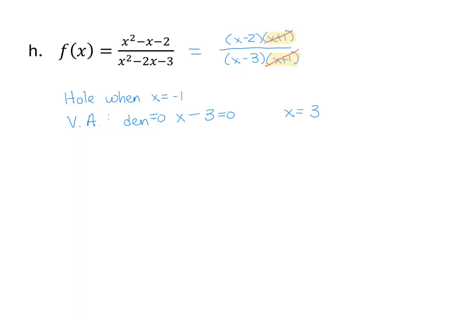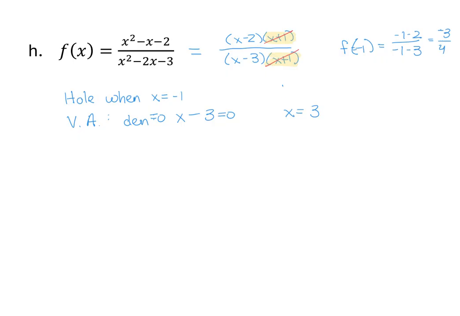Now let's go ahead and figure out what the hole is. We're going to plug -1 into the simplified fraction. If we plug -1 into the simplified fraction, we get -1 minus 2 over -1 minus 3, and we get -3 over -4.